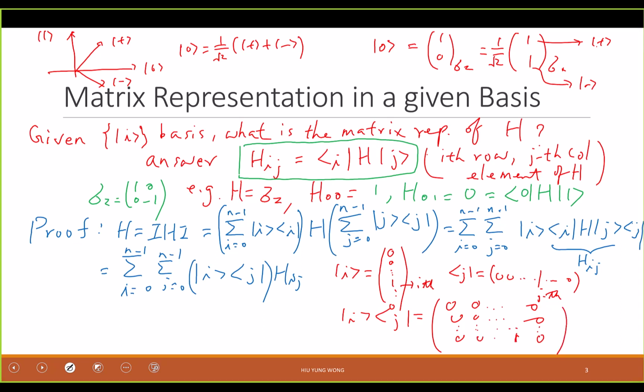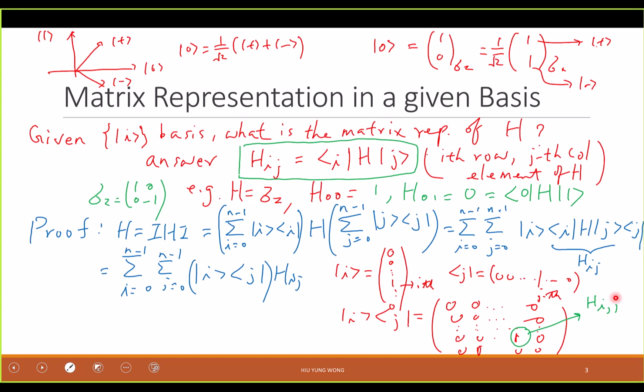And this one is the Hij, right? The ith row and jth column, correct?